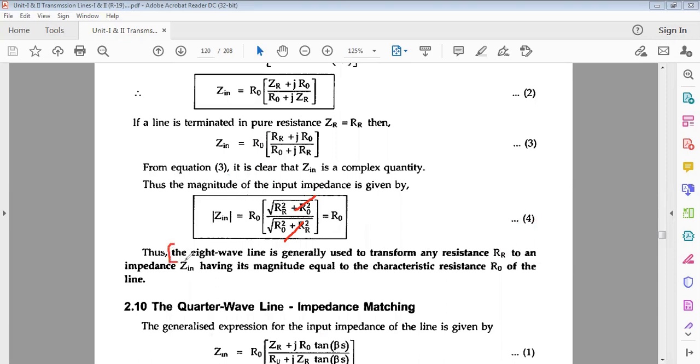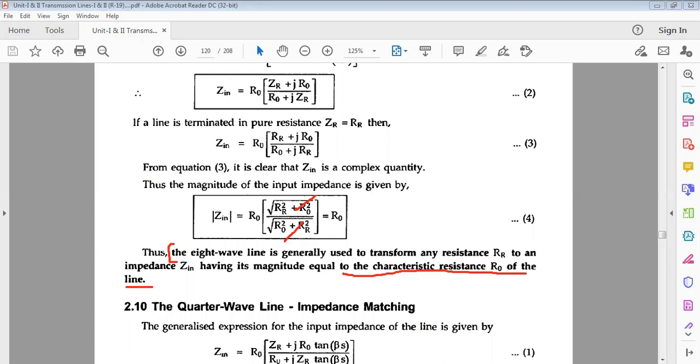Thus, the eighth wave line is generally used to transform any resistance RR to an impedance Zin having its magnitude equal to the characteristic resistance R0 of the line. The eighth wave line is generally used to transform any resistance to an input impedance having its magnitude equal to the characteristic resistance R0 only.